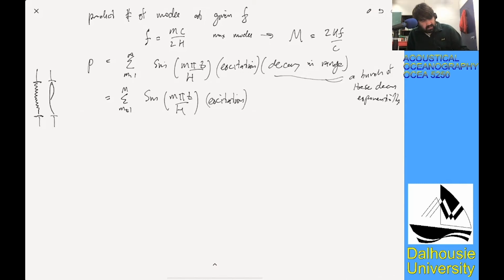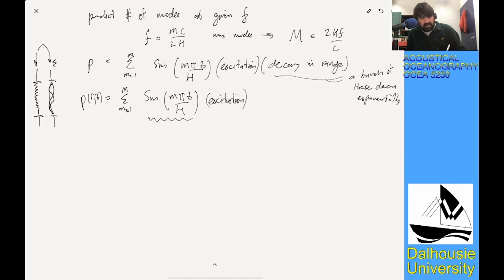It's just basic physics, right? And this complex waveform can be modeled as a summation of these finite number of modes. That's really what this term is telling us here. We're decomposing the pressure field in range and depth as a bunch of depth-dependent modes, okay?